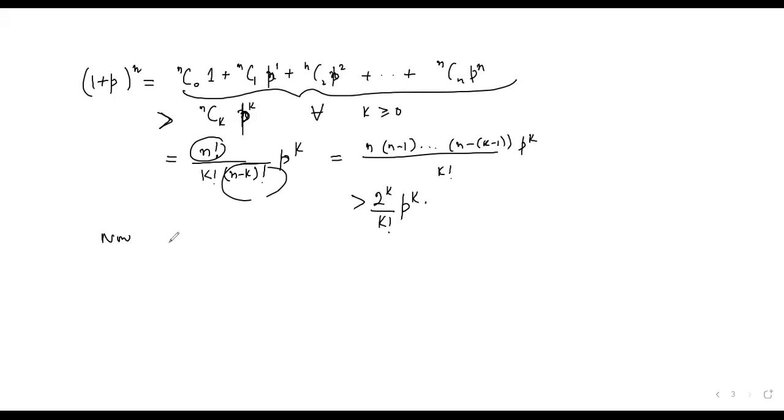Now n raised to power alpha, n is a natural number and this is a real power, so it will be positive. So 1 plus p raised to power n, whole raised to power n, would be less than k factorial divided by 2 raised to power k, 1 by p raised to power k. I think this is what I should get.